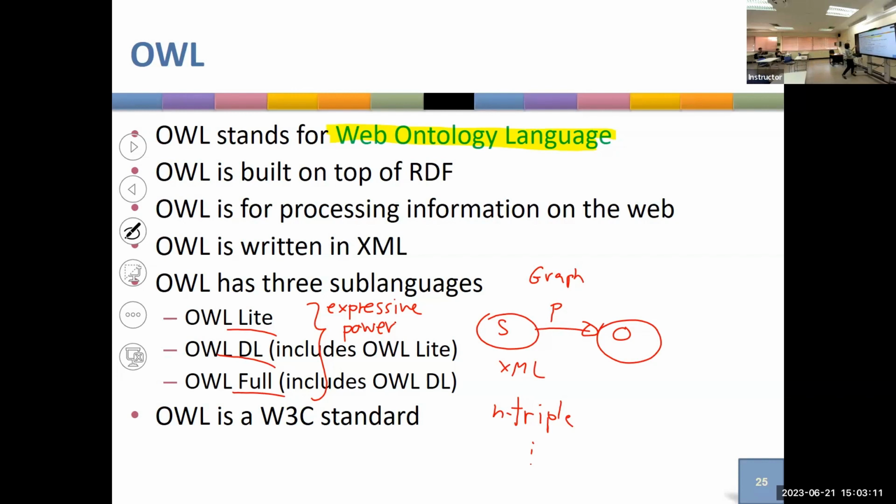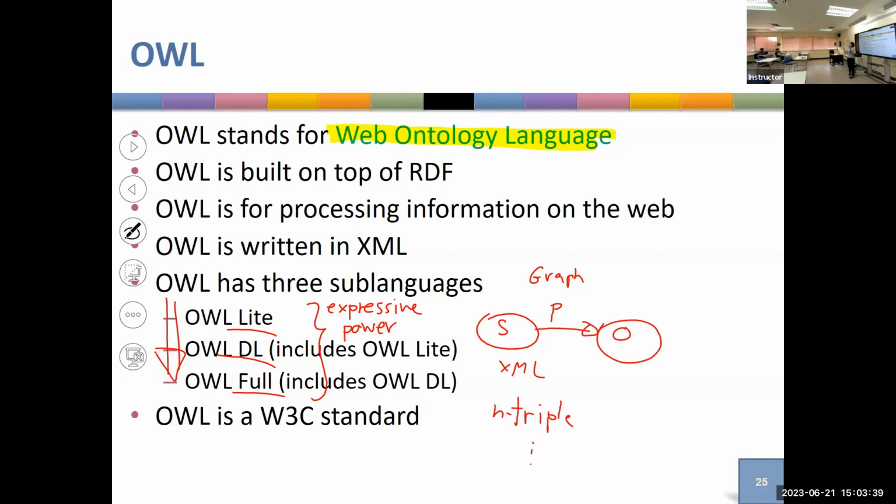So this increases: Lite, DL, Full, for sure, right? Full is the full language, expressing everything. DL stands for description logic. It makes use of one logical framework approach called description logic.